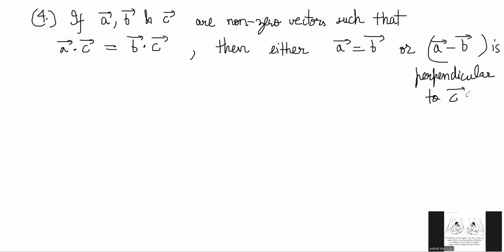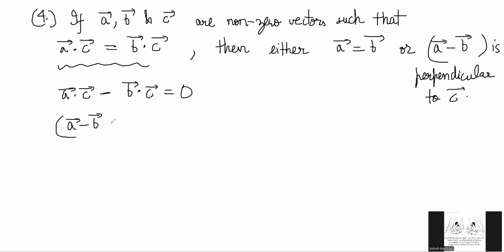The reason for this is pretty obvious. What you have is an equation A dot C is equal to B dot C. We can bring both the terms to one side like this, equal to 0. And by distributive property, this is the same thing as A minus B dot C, right? So how will we get the dot product of two vectors to be 0?